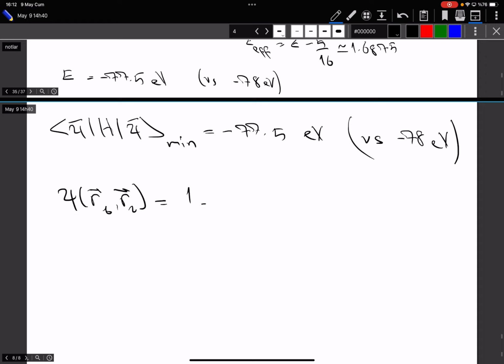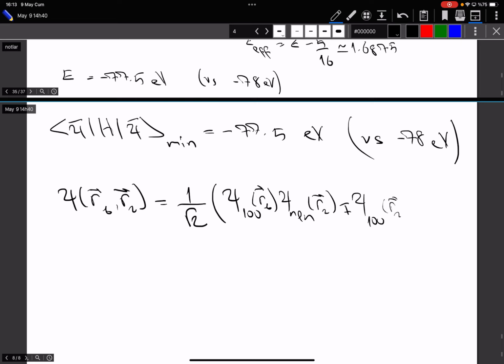can be written as 1 over square root of 2, psi 1,0,0 of R1 psi NLM of R2, plus or minus psi 1,0,0 of R2 psi NLM of R1.